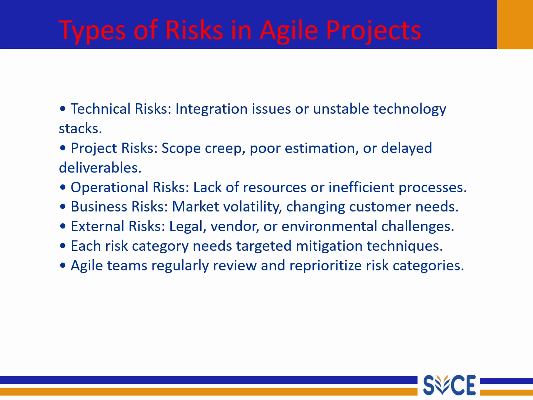The next risk is external risk, that is legal, vendor, or environmental challenges. Each risk category needs targeted mitigation techniques. Agile teams regularly review and prioritize risk categories.